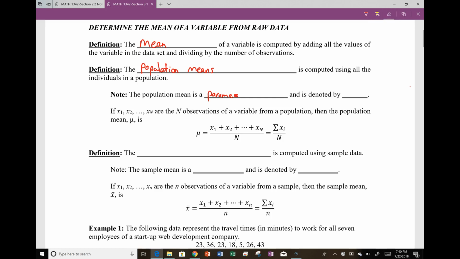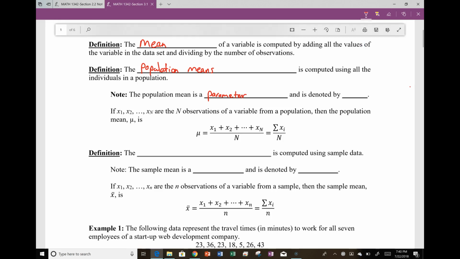It's denoted by a Greek symbol, mu. It's not an M or anything, it's a U with a long tail on the left side. We calculate this by taking each value in our data set and dividing it by the population size.